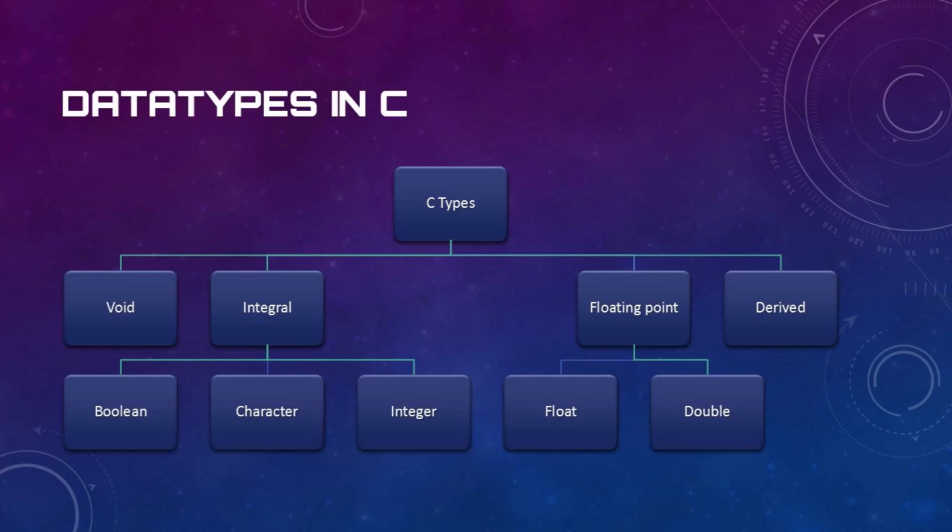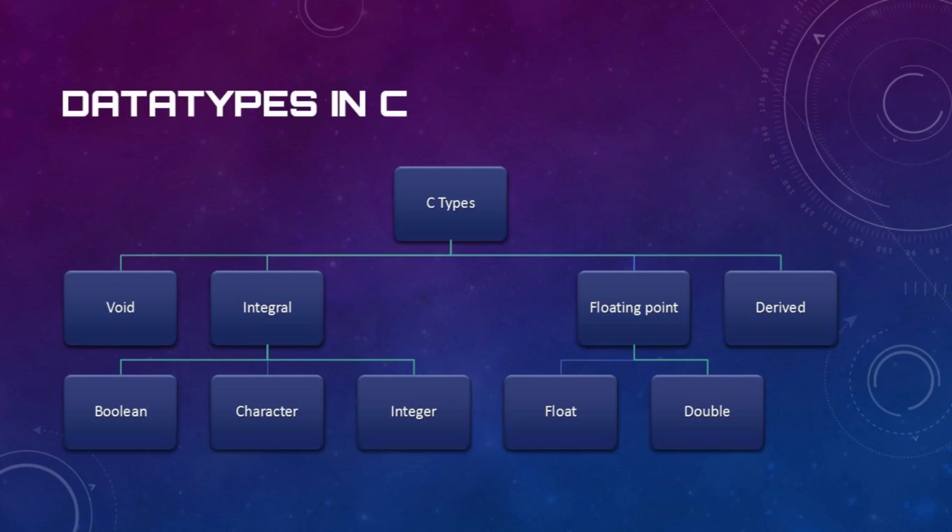And coming to the floating point types, we have float and double. These two data types receive values which are fractional in nature. I mean, if I say 23.23, 23.24, 12.15, so when we have a point in the number, then we use float and double. So what's the difference between float and double? It's just the size and the range of values they possess. And coming to the derived types, they are user defined, so we are going to discuss them in some other video.